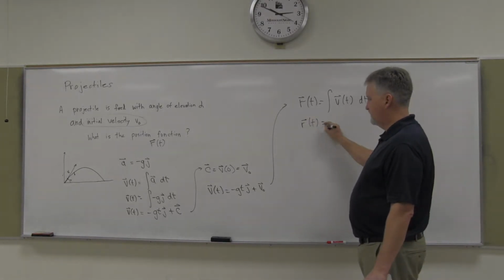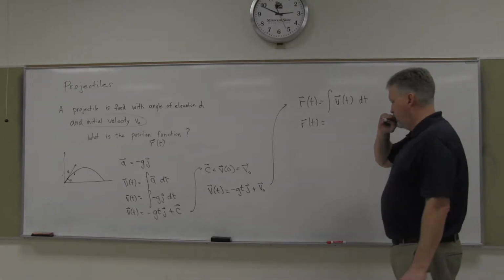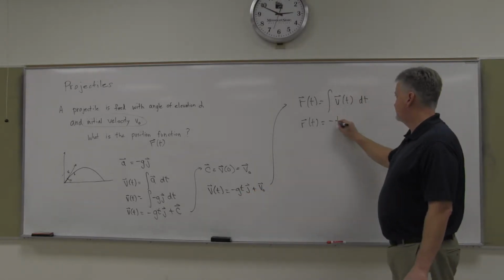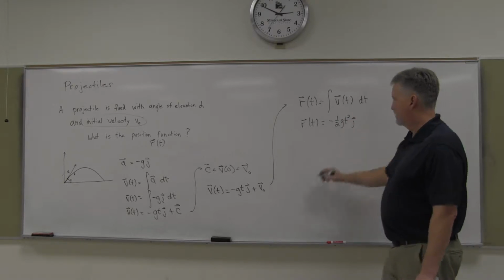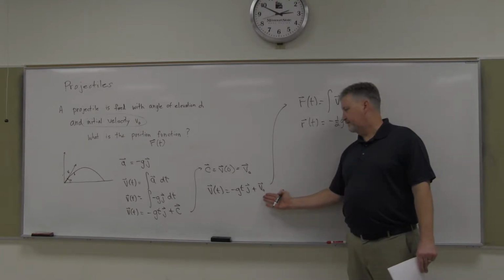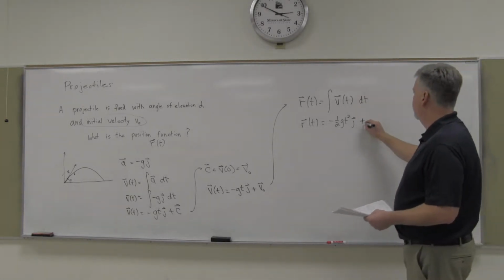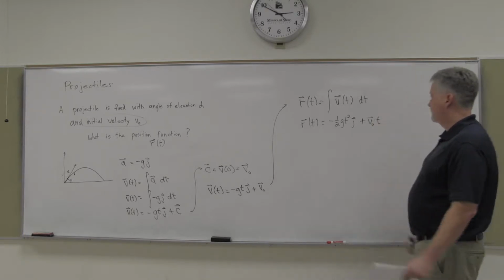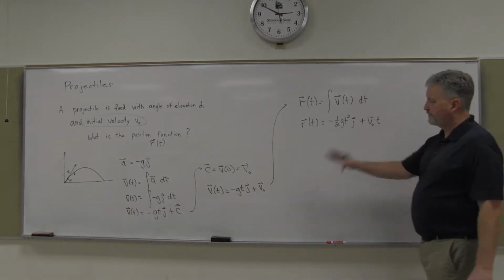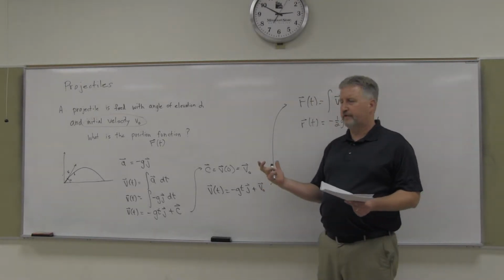So r of t is negative 1/2 g t squared j, plus this other part. The initial velocity vector will just have an x and a y component, just numbers.